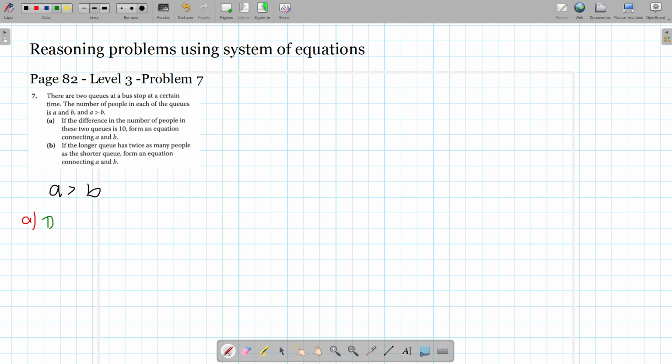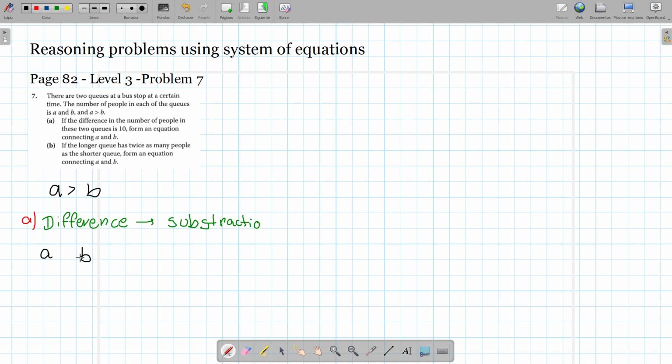When we are talking about a difference, remember that we are always talking about subtraction. So the difference of people in these two queues is the difference between A and B.